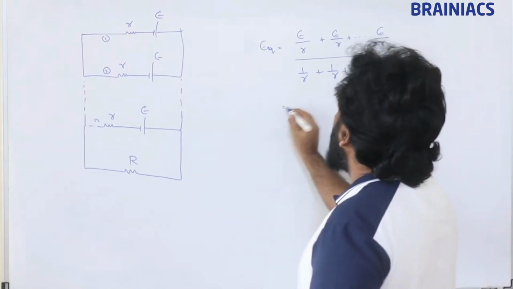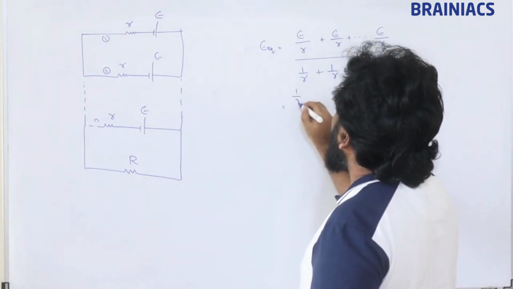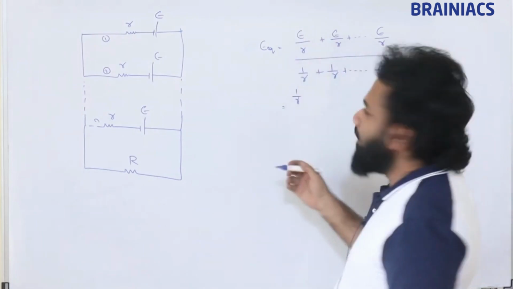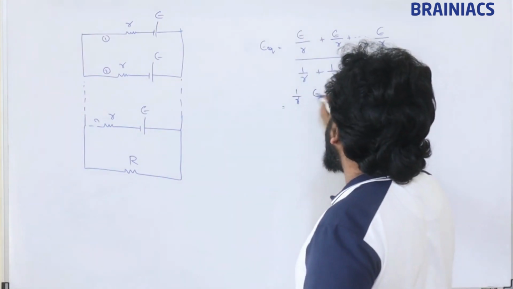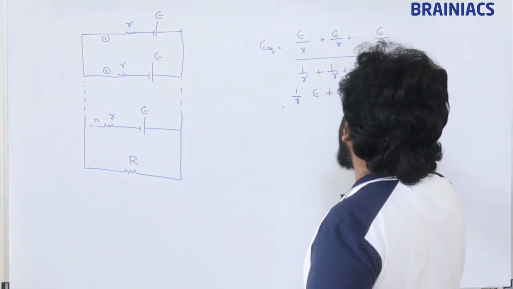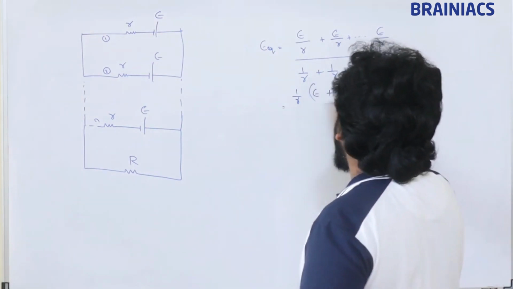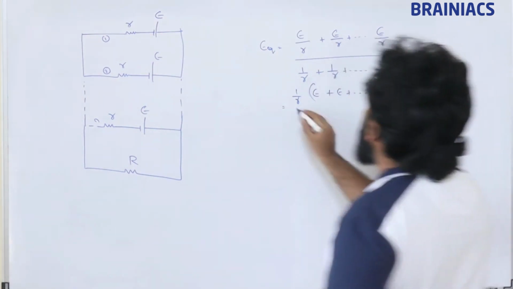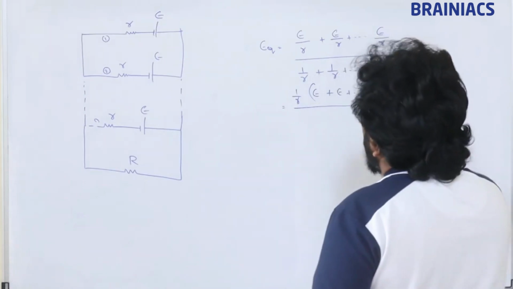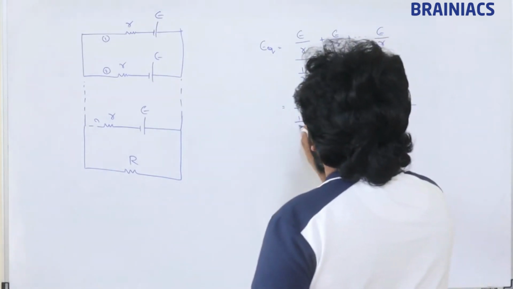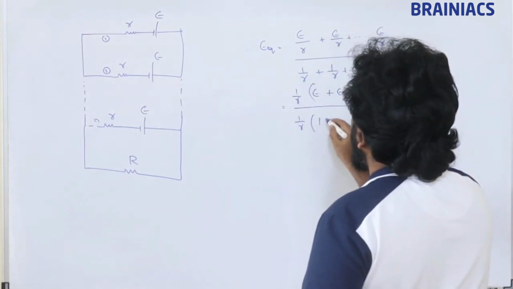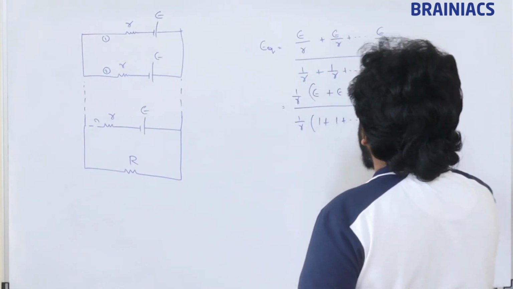Suppose we take 1 by R outside in the numerator, then we will have E plus up to N E's, N E's. And in the denominator, if we take 1 by R outside, this is going to be 1 plus how many times?